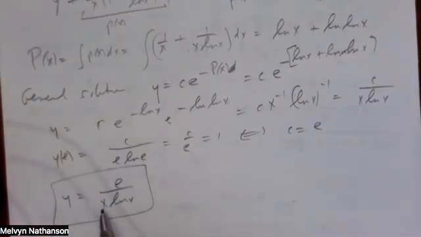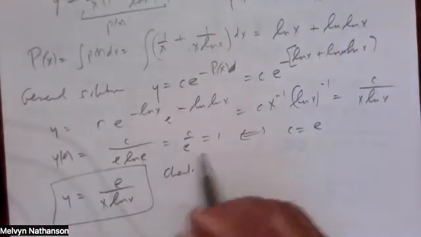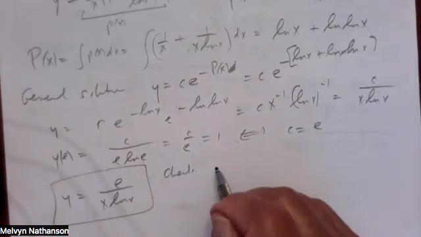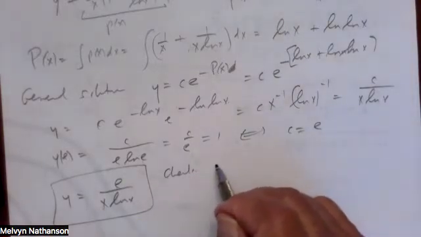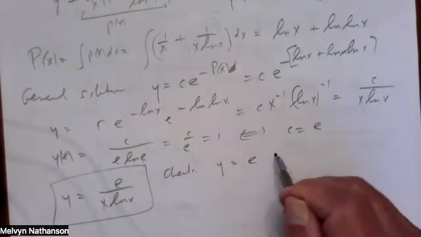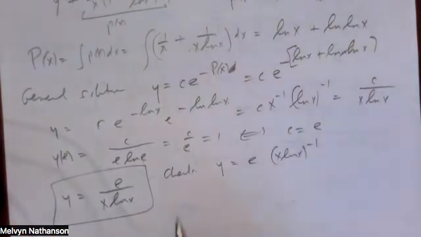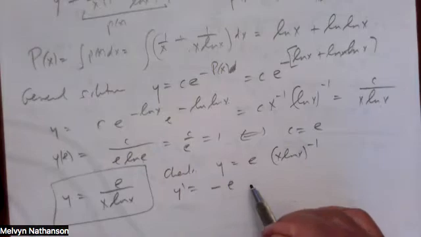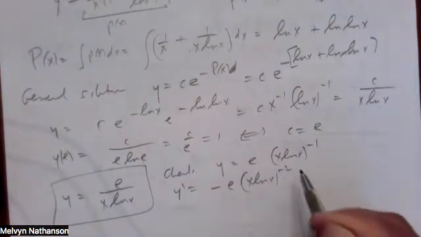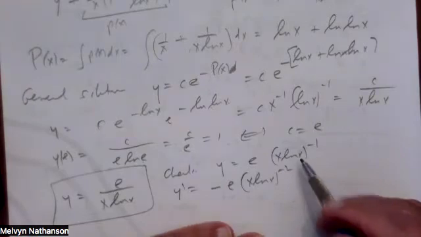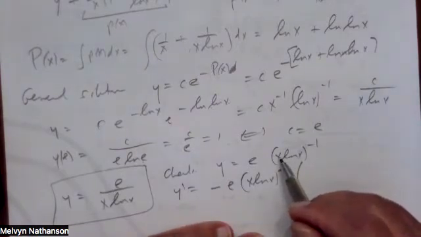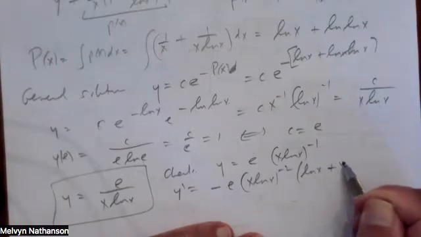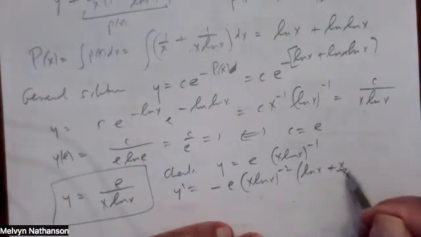And you can, again, check: you plug in x equal to e, you get 1. So let's check this is also a solution to the differential equation. If y is equal to e times x log x to the minus 1, then when you differentiate, y prime is minus e times x log x to the minus 2 times the derivative of x log x, which is the derivative of x, which is 1, times log x, plus x times the derivative of log x, which is 1 over x.